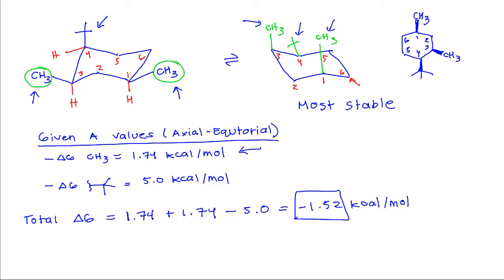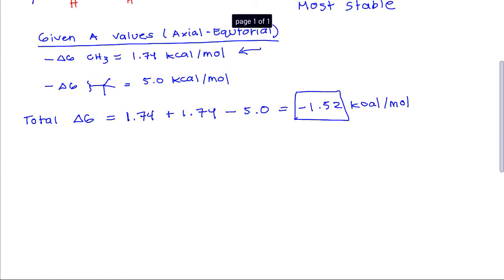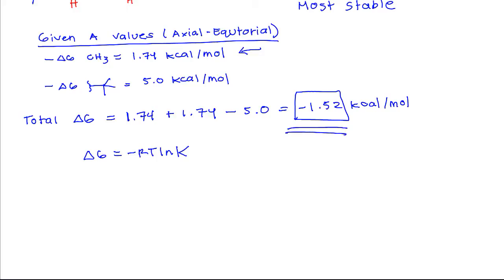Anytime we're being asked to calculate a percentage in one conformation, we always need to calculate the equilibrium constant first. For the equilibrium constant, we know that delta G is equal to negative RT ln of K. Okay, so in this case, let's say that we want to calculate the percentage in the most stable conformation. Since we are calculating the most stable conformation, we have to make sure the number that we plug in is the negative value.